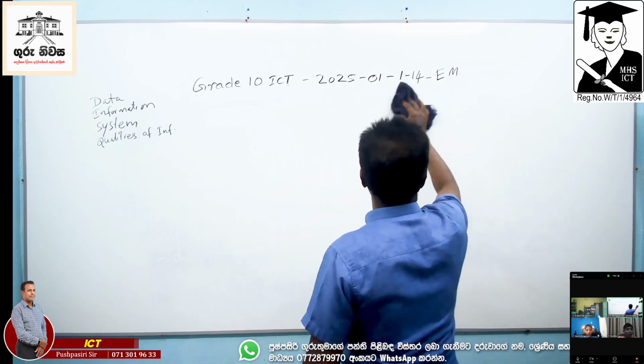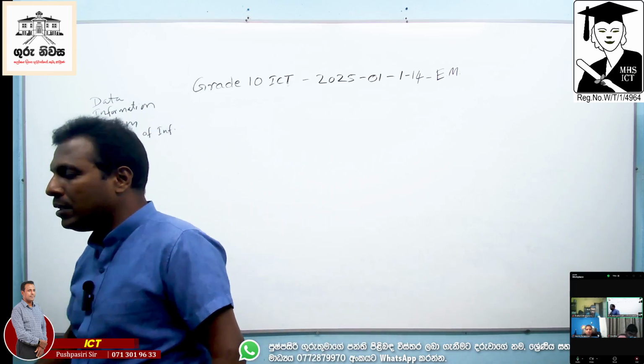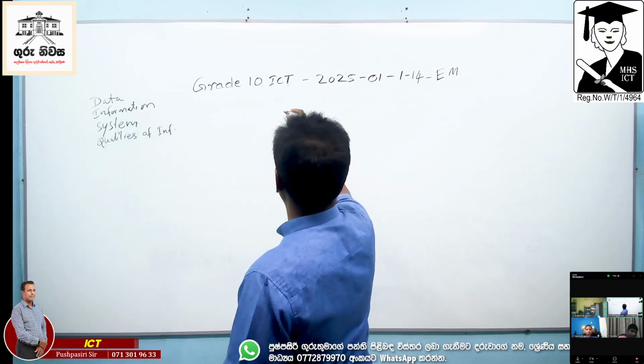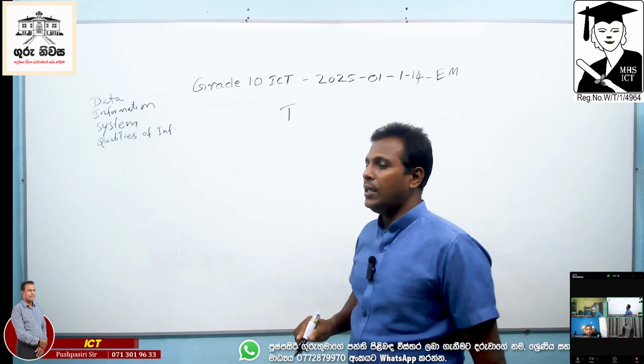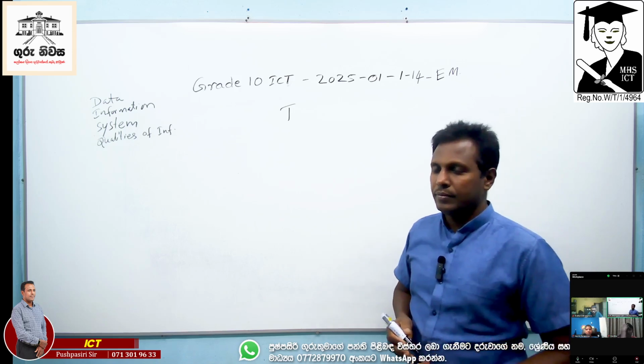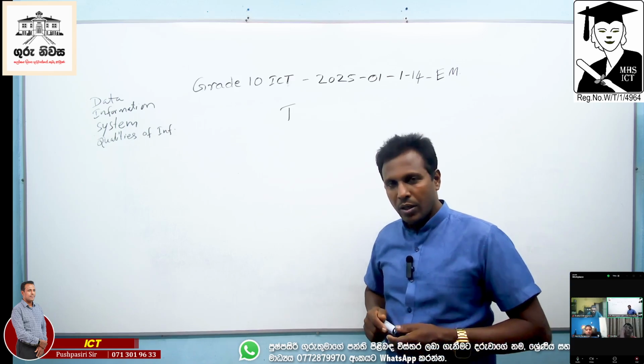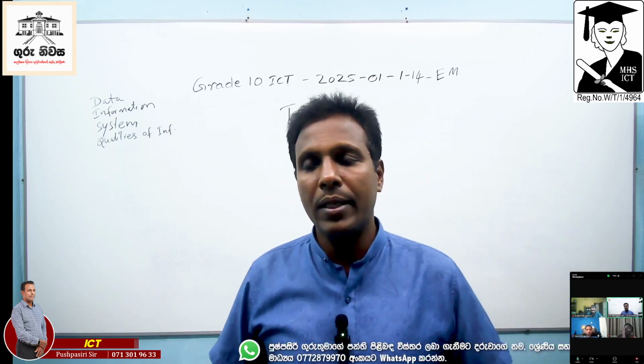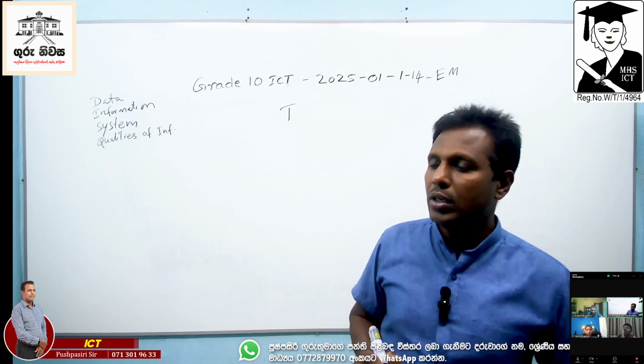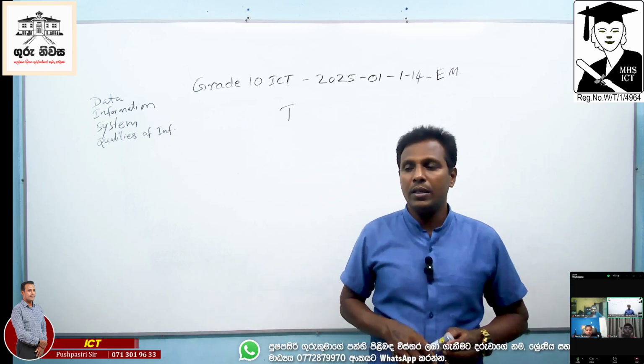Now in ICT, the first thing that existed was T. T means technology. The first thing was technology. Right? It was a T. So what is technology? There was a lot of technology we had earlier, no?